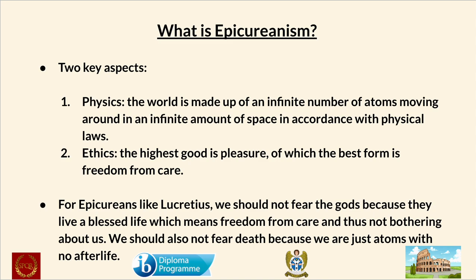So the physics we encountered in the point about the javelin, and the javelin example proving that the universe is infinite. The ethics we met in the opening, because the opening presents Venus or pleasure as the highest, the greatest thing that exists. The point about not fearing the gods and not being religious, we met that when we saw the point about Agamemnon and Iphigenia.